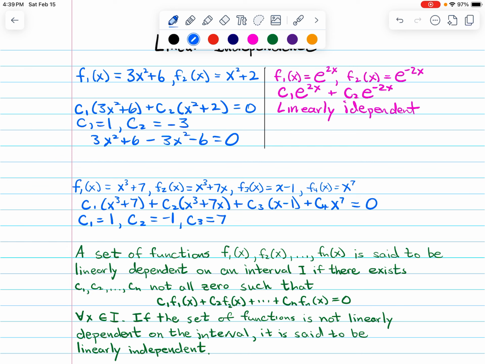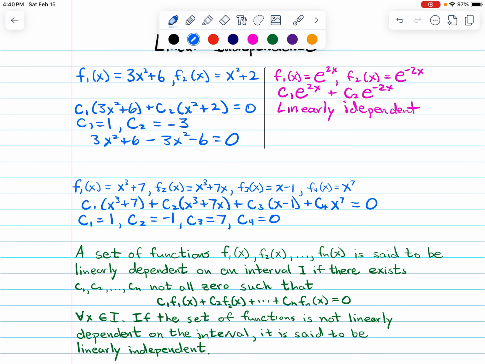And then C4 is kind of a problem one because we've got x to the 7th. But I can just make C4 equal to 0. Because remember, that's allowed. You just can't let all the C's equal 0. So if not all of them are equal to 0 and you get it equal to 0, then they are dependent.